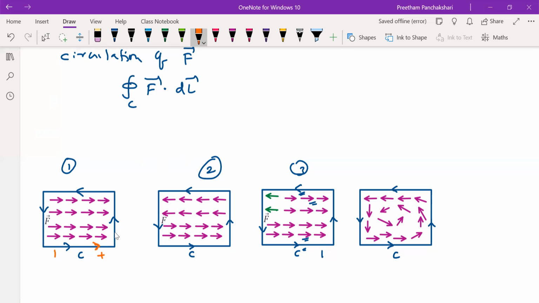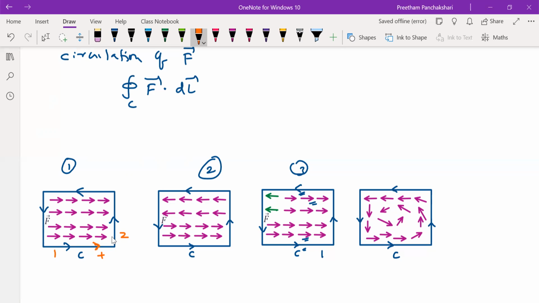If you come to the second side of the rectangle, here they are perpendicular to each other. The area of this side coming across this force is very small. So the force acting on side number 2 is also negligible.